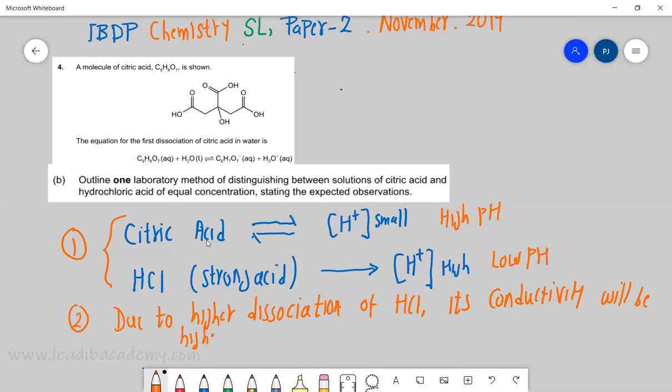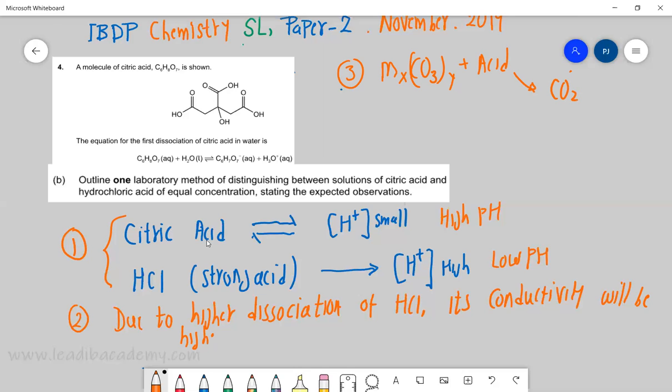Why? Because conductivity is nothing but how many ions are present in the dissociation. Then the third one, that we take metal carbonate, MCO3, and if we add any acid, there will be evolution of CO2.